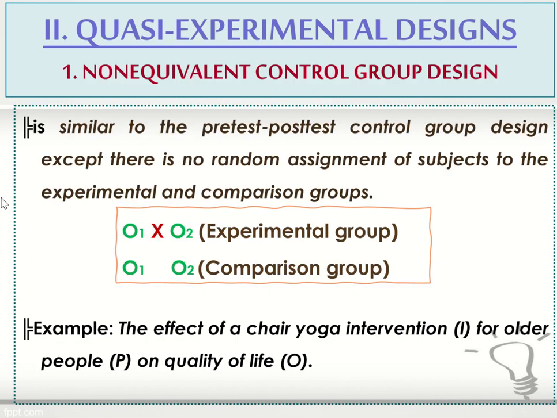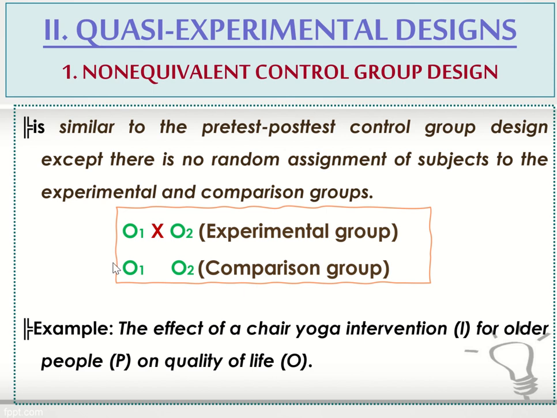So first design under quasi, we have non-equivalent control group design. So the non-equivalent control group design is similar to the pretest post-test control group design except there is no random assignment of subjects to the experimental and comparison groups. So wala tayong makikitang R in our representation. Kanina kasi di ba previously in our pretest post-test control group design, may R dito.